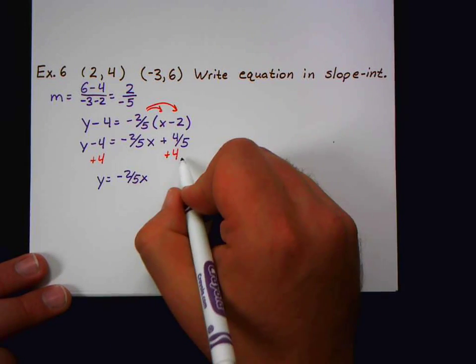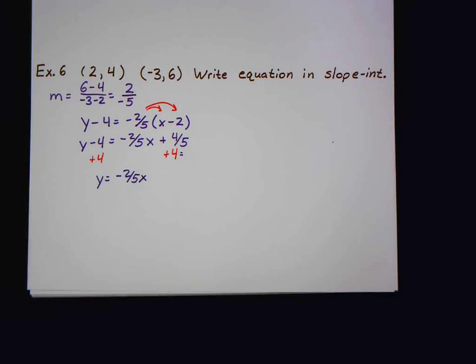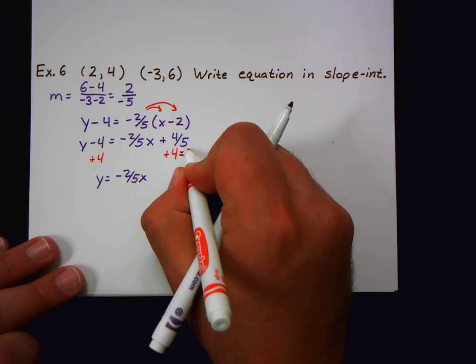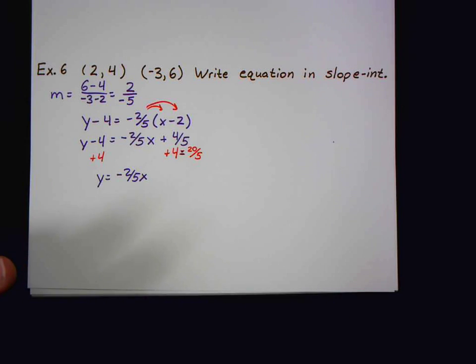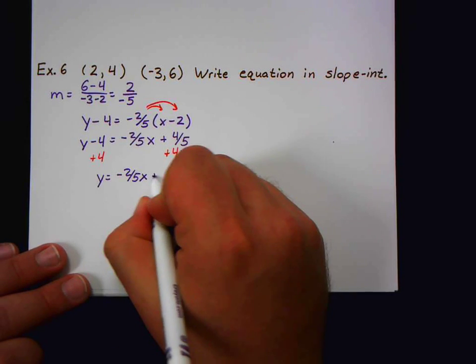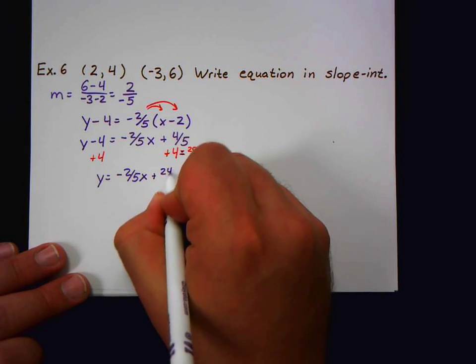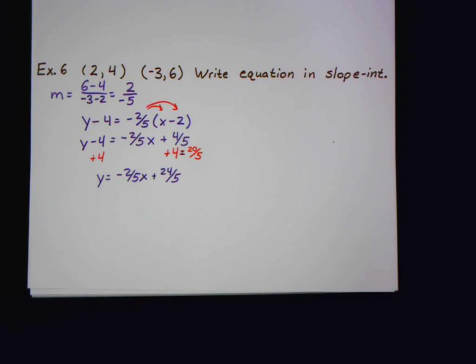Okay, so 4 is the same thing as 20 fifths. So that's going to be 24 fifths. Or I guess you could do 4 and 4 fifths. I just always like having an improper fraction.